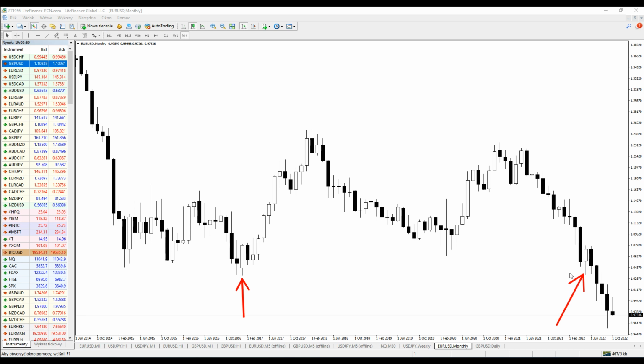It was like, okay, if we get a close below that one, then sell on retest. So I'm going to be silent for a few seconds and try to answer to yourself.